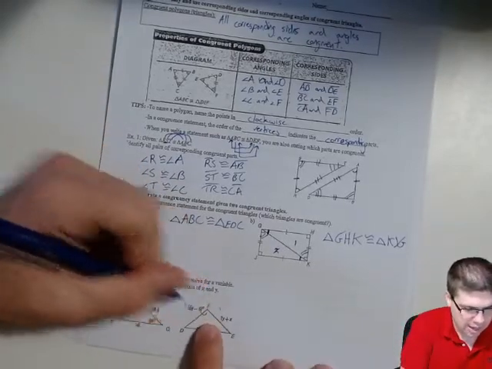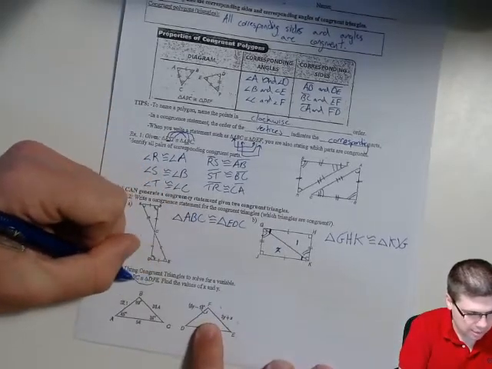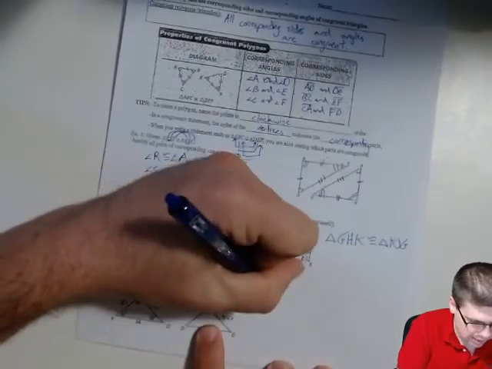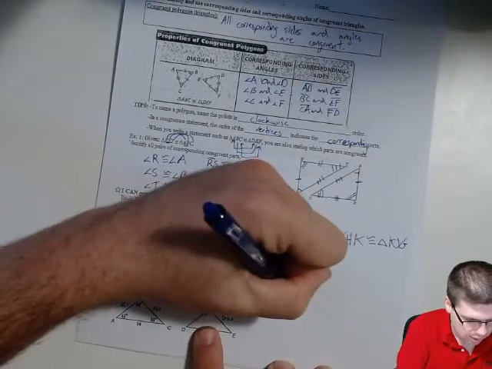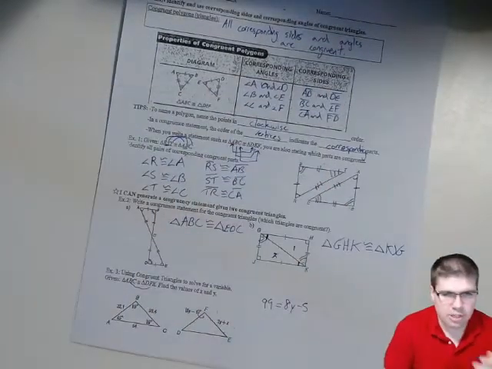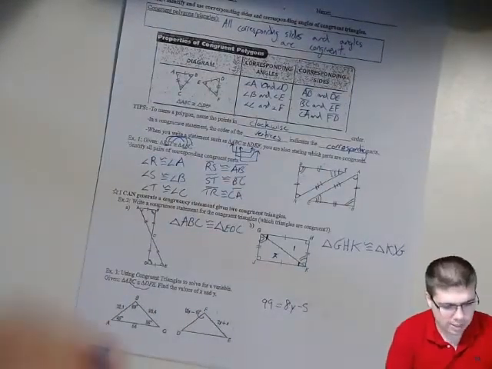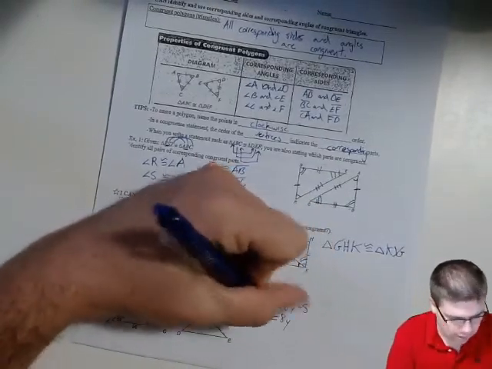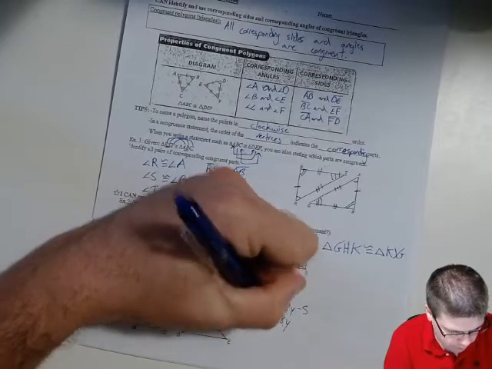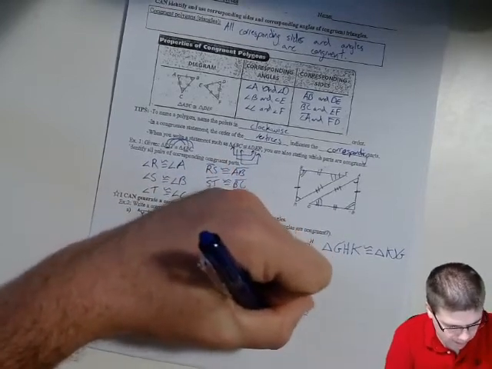I know that this angle F corresponds to B. So I can say 99, this measure, is the exact same as 8y minus 5. And we can solve that and figure out what y is. So we'll add 5 to both sides. So we'll get 8y equals 104. And then we'll divide both sides by 8.